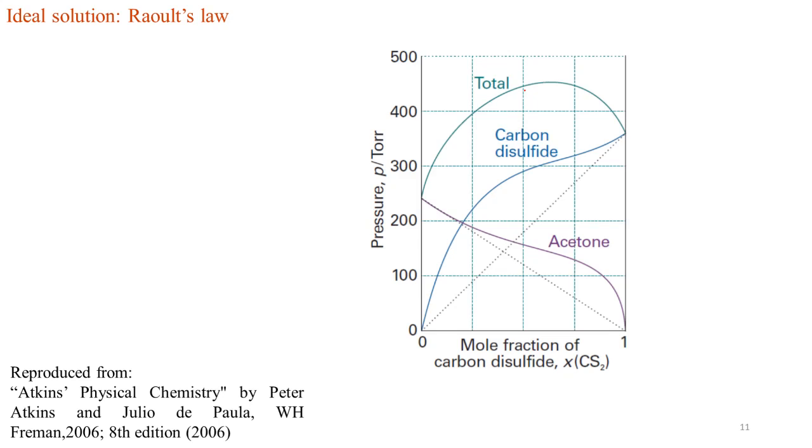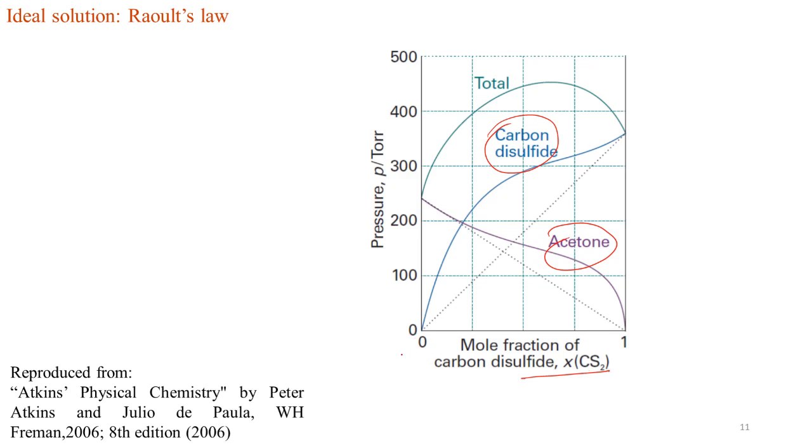If one plots the pressure versus the mole fraction of one component, in this case the plot is shown for acetone and carbon disulfide, and we are plotting the mole fraction of carbon disulfide, where both are actually in the liquid phase. So it's not a solute-solvent system, but a solution of two solvents.